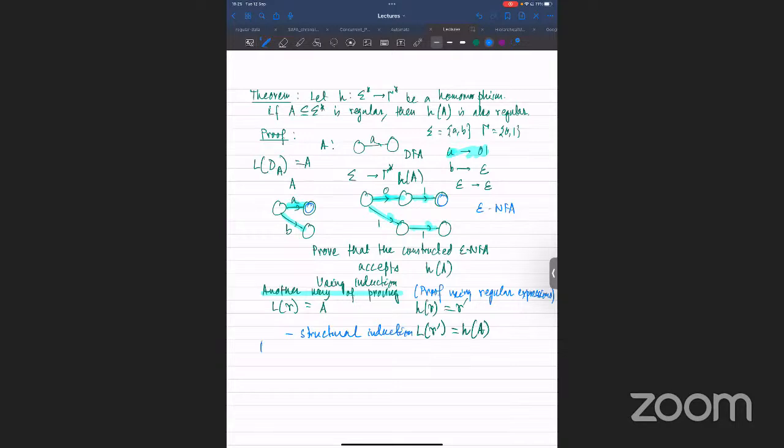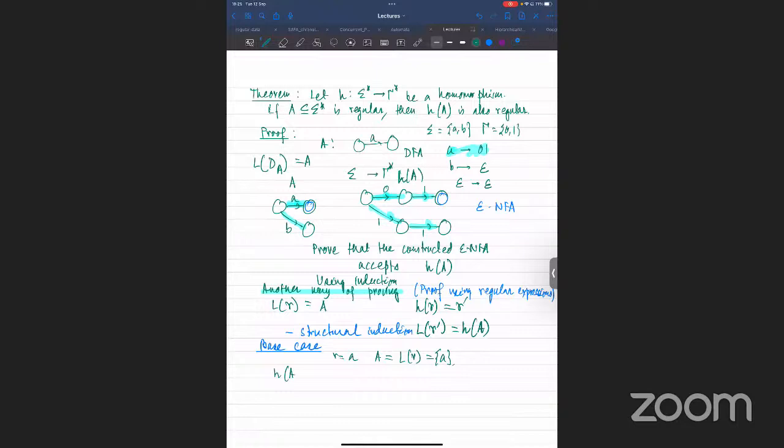So what is the base case? Suppose R equals just a letter a, then A equals L of R, which is just this thing, correct? So now what is H of A?